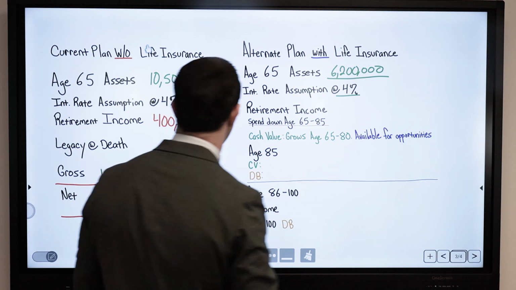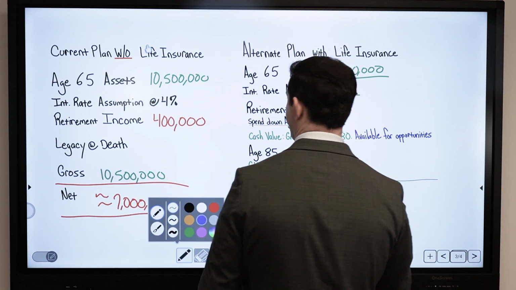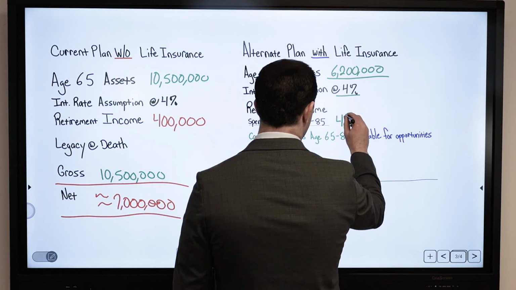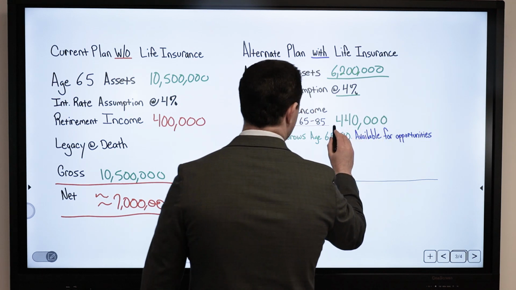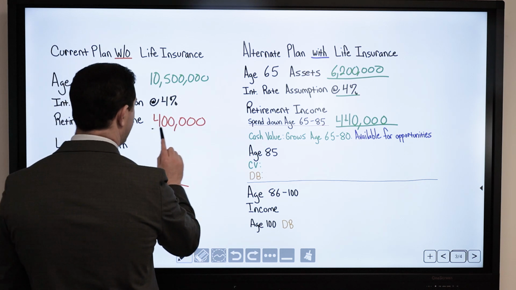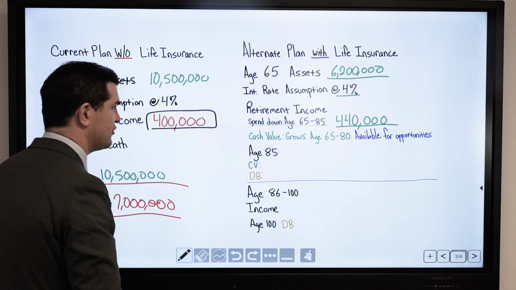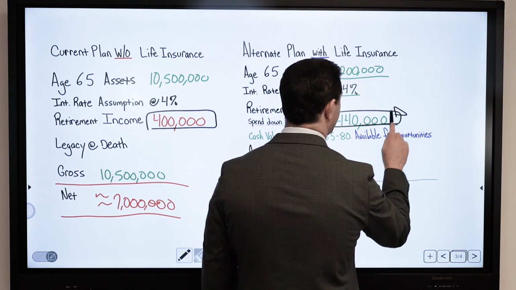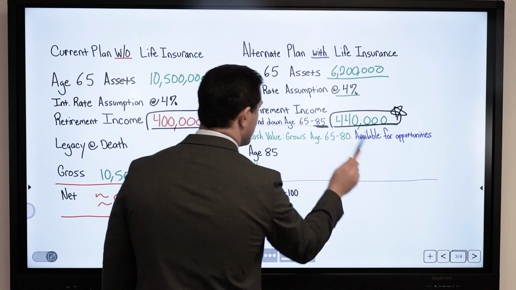So retirement income now is $440,000 per year. With the 10.5, it was $400,000 per year. Very similar here. Now, the drawback to this 440 is at 85, you're out of money.